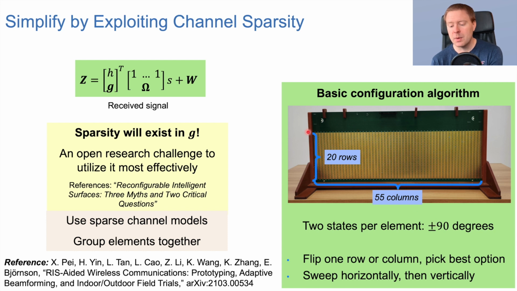And then we went through every row and checked, is it better to have it plus 90 degrees or minus 90 degrees. And then we chose the best option, went through the next row and tried it out sequentially. Then every column was tried out like that, and now the overhead becomes proportional to the number of columns plus the number of rows. We add them up, and that is what we're getting as the complexity, and not something that is multiplied with them, which would be needed in order to figure out the total number of elements.